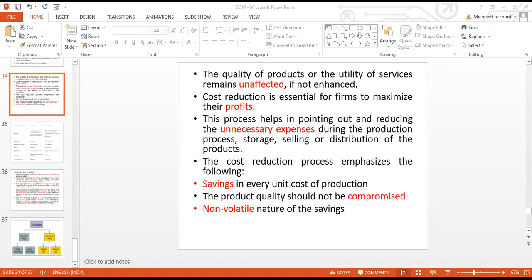Okay. Now next one is the cost estimating. Just go through this slide.